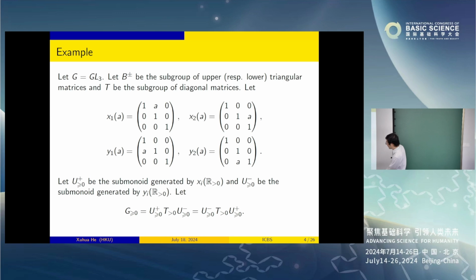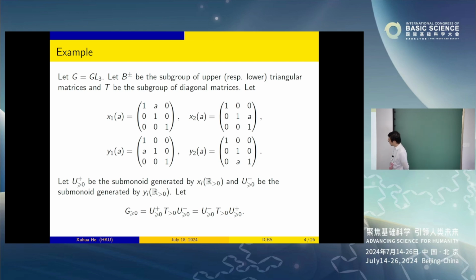One thing we can say is that the whole totally non-negative monoid, G totally non-negative, is the product of three terms: the totally non-negative upper triangular part, the U plus part, the diagonal part, the T part, and the lower triangular part, the U minus part.